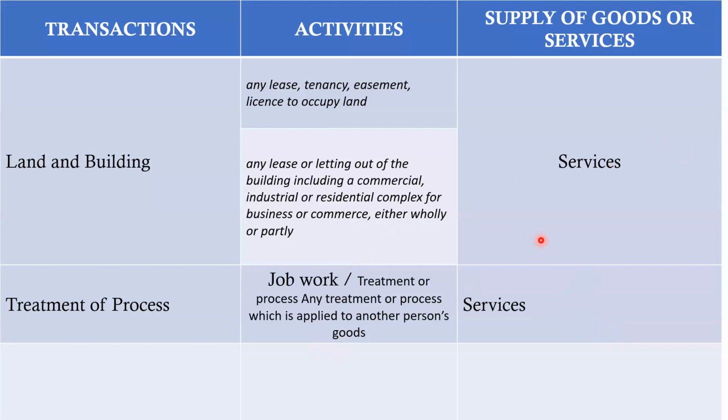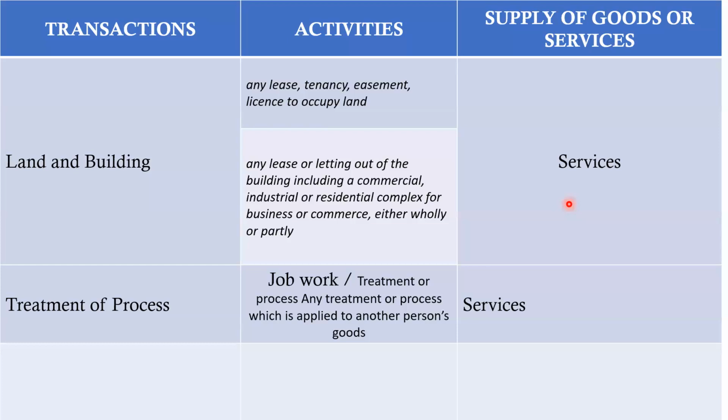Like any lease, tenancy, easement, or license to occupy the land, or any lease letting out a building, which includes a commercial, industrial or residential complex, for business purposes or not, wholly or even partly, will be considered as a supply of services.